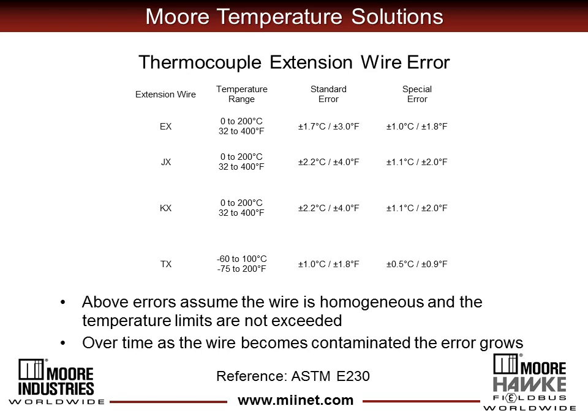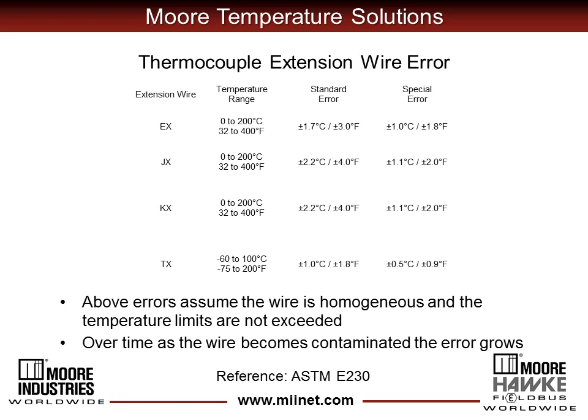Thermocouples may be wired back to a PLC or DCS. And when they are, you have to use thermocouple extension wire. And unfortunately, the thermocouple extension wire is yet another source of measurement error. Look at the column marked standard error.